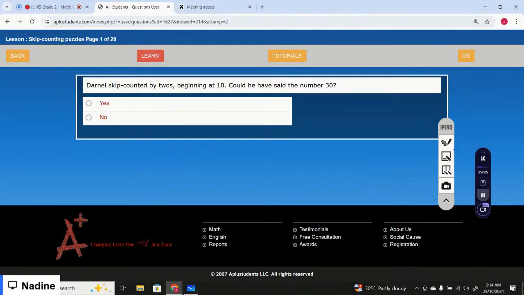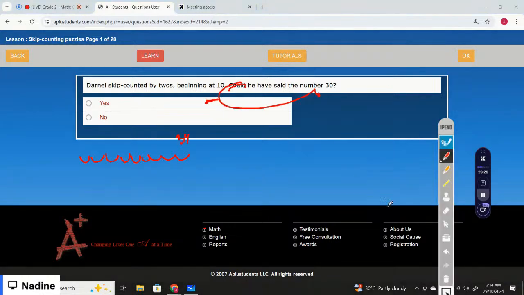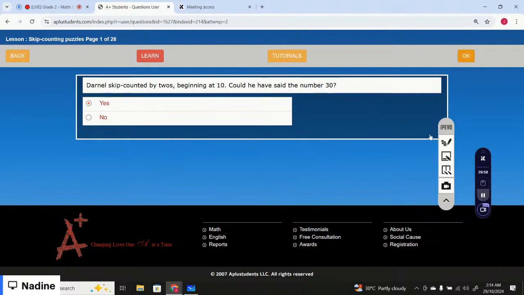So he is counting by twos and he is starting with 10. 10 plus 2, 12, 12 plus 2, 14, then 16, 18, 20, then 22, 24, 26, 28, and 30. Yes, that means he did say the number 30. Got it? So the correct option is yes.